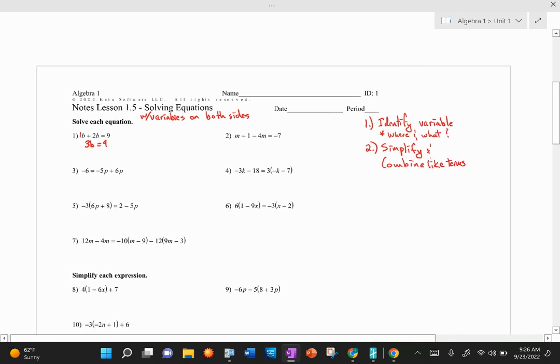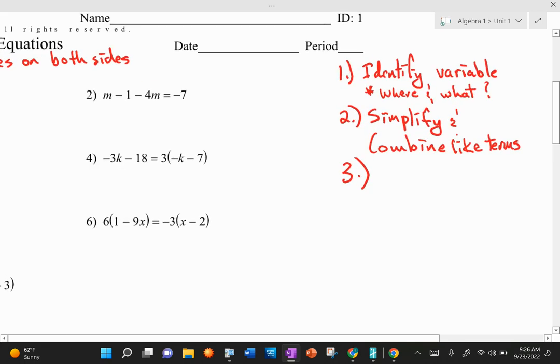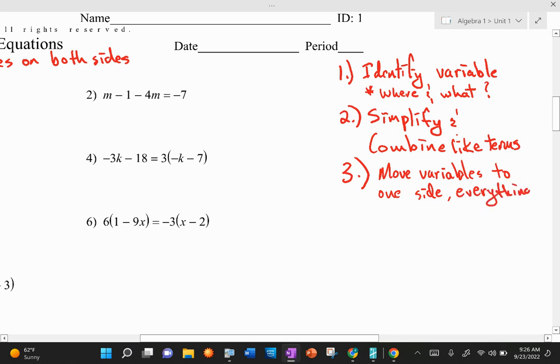And then your next step after you combine like terms is move variables to one side, everything else to the other side.